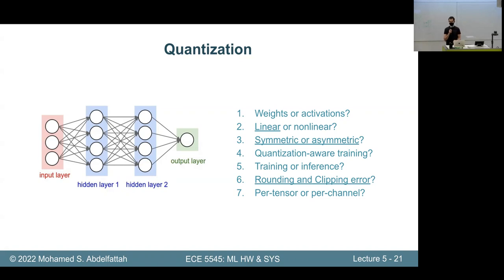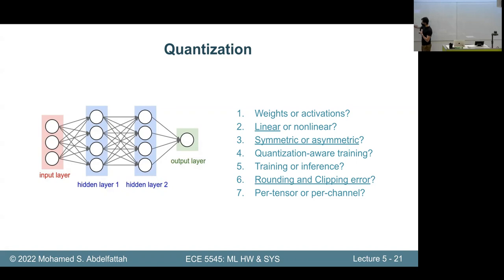Logarithmic rounding is basically a function that has a log in it, and it's nice because if you look at the distribution, you actually have a lot of numbers here. Linear quantization will assign numbers equally along that number line. So you have a value here, a value here, a value here, and so on.